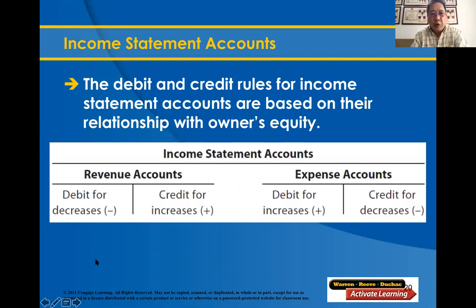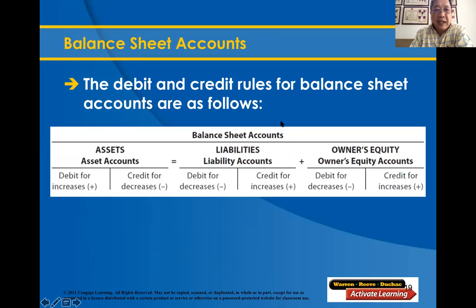The debit and credit rules for income statement are based on the relationship with the owner's capital. Ito, balance sheet accounts. Ang tawag dito sa assets, liabilities, and owner's capital ay, do not forget, ito ay real accounts or permanent accounts.